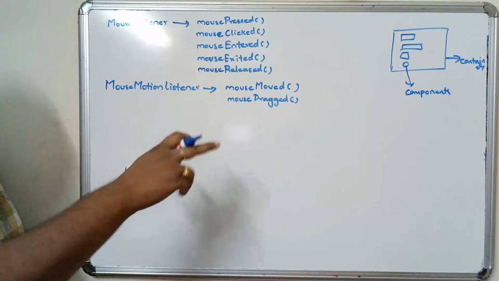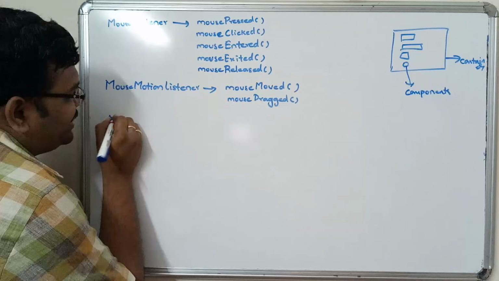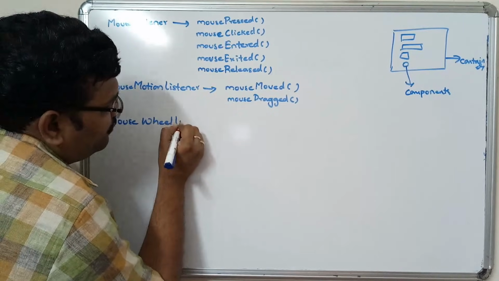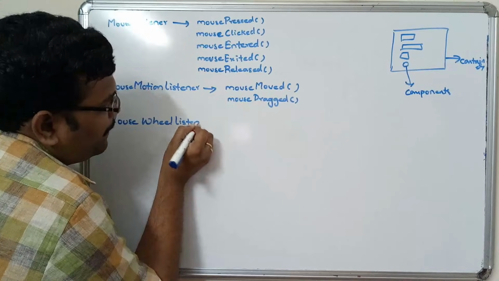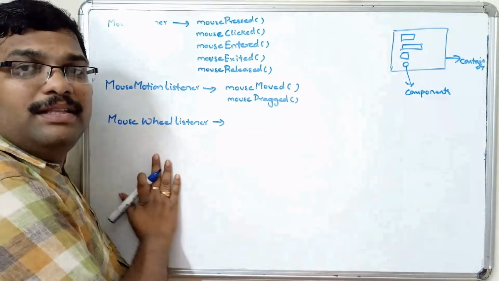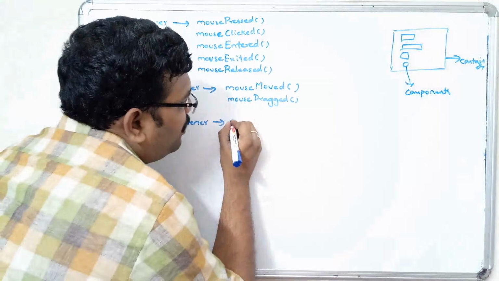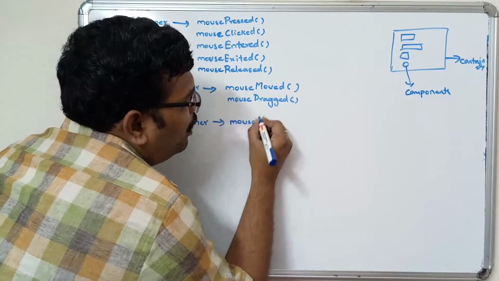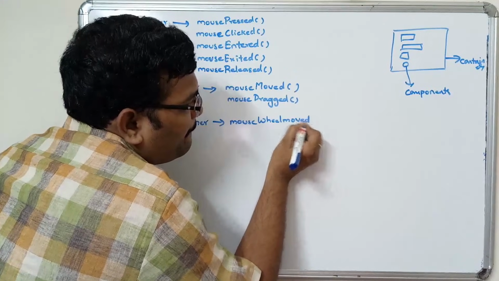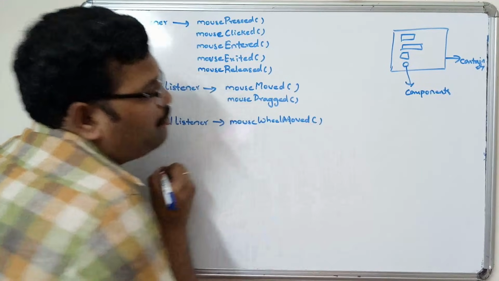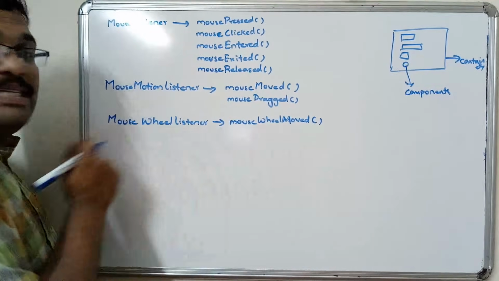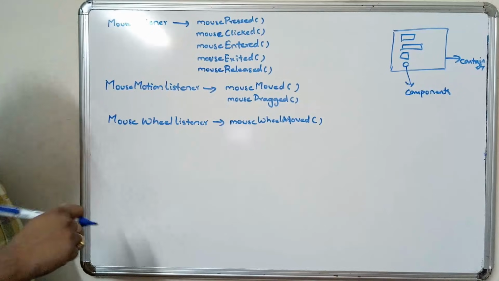So these are the mouse motion listeners. Next, mouse wheel listener. When the mouse wheel is moved, automatically this listener should be active. So only one method, mouse wheel moved. Whenever the mouse wheel is moved, automatically this event will be activated. Right.